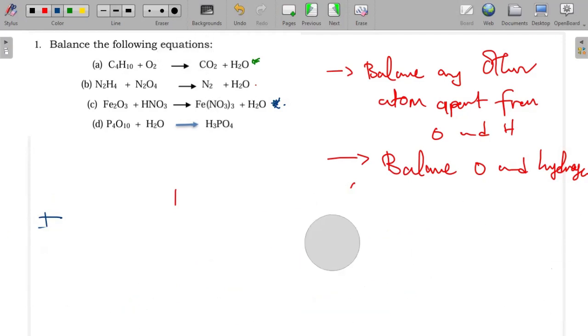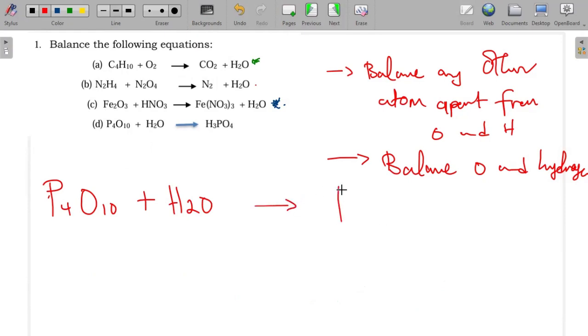The last one is very easy, as you are going to see. It doesn't require much thinking. So we have P4O10 plus H2O, and this gives me H3PO4. We said we first have to balance any other atom apart from the hydrogen and the oxygen.